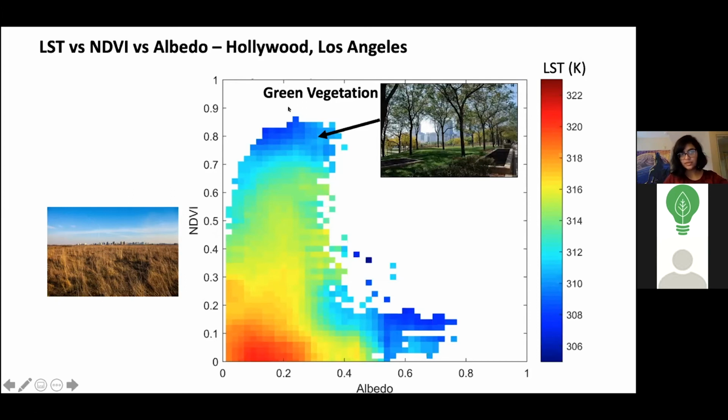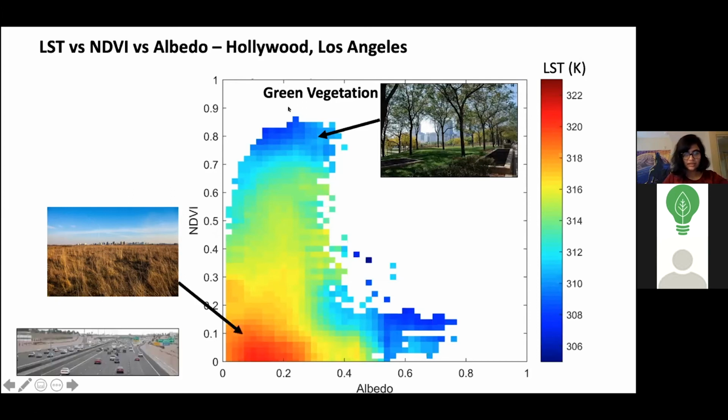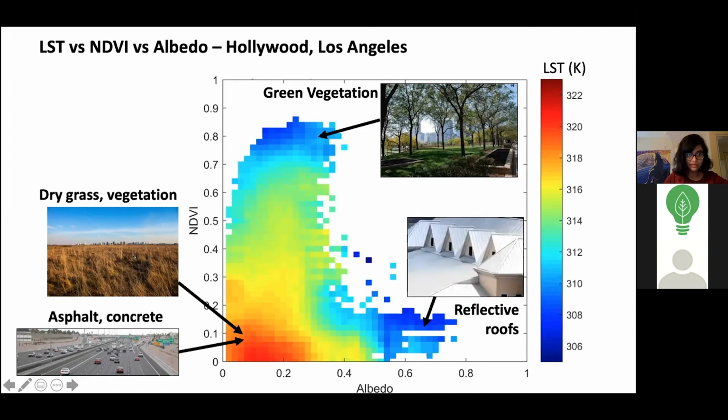So that's here. And then you have the other corner where you have no NDVI, that is dry, non-vegetative surfaces or dry grass. So it can be vegetation, but it's just dried out, which gets hot. And the albedo is also really low. Or the other side here is reflective roof. So that's the urban intervention that we do, because beyond a point, we cannot have NDVI be too high where the residential or the commercial buildings are.